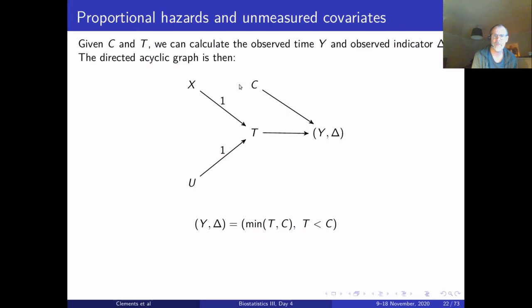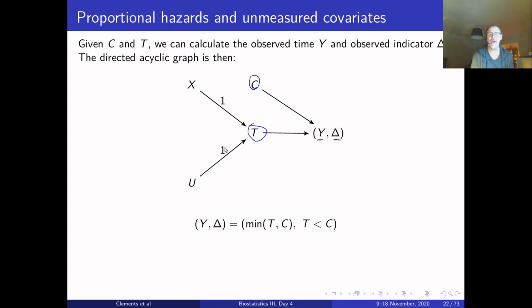And then we've got censoring, which is assumed to be independent of everything else. And then the minimum of the event time, so the minimum of these two, is equal to y, and if t happens first, then delta is equal to 1, otherwise delta is equal to 0.